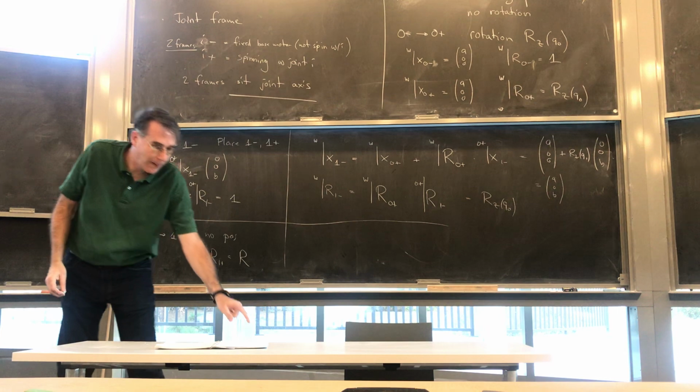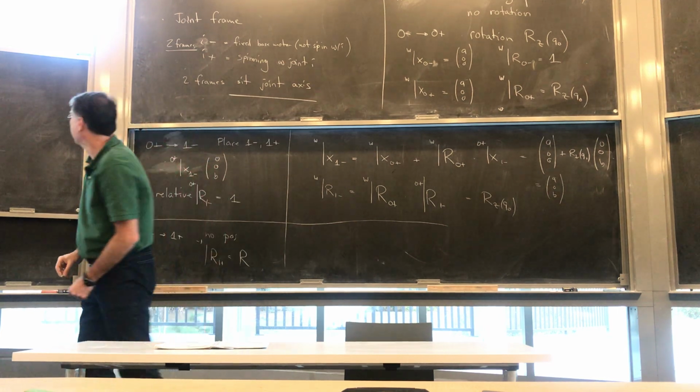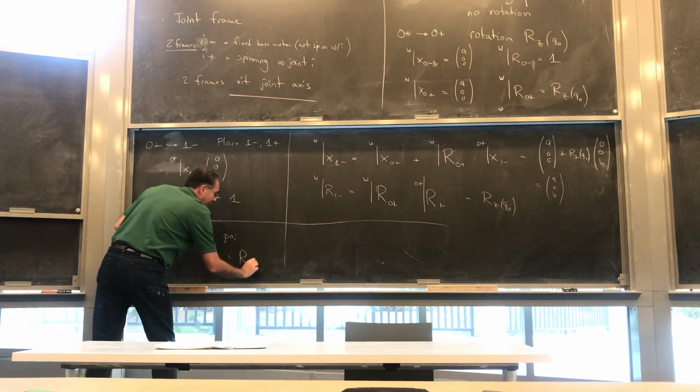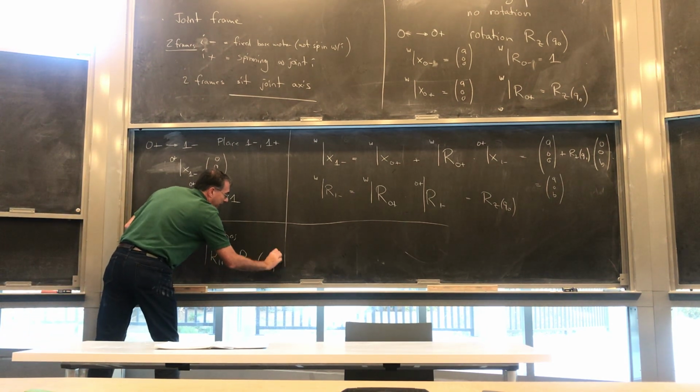Which way did I define it? I think I said this way. Do you agree that that is a rotation about the x-axis? Do you agree that it's the negative x-axis? Rx of minus Q1.